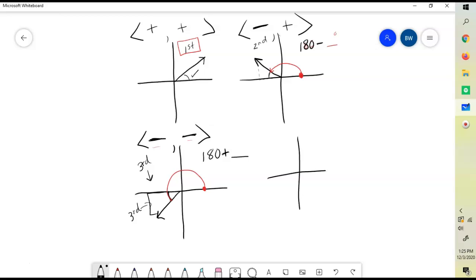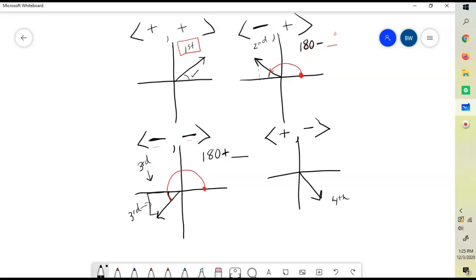Let's go into the fourth quadrant, which you get to by going right, so positive in the horizontal, but down, negative in the vertical. So to get into the fourth quadrant, your vector will have this setup.